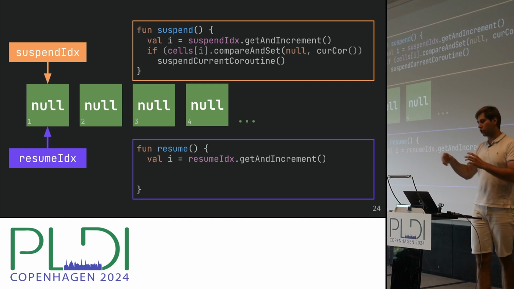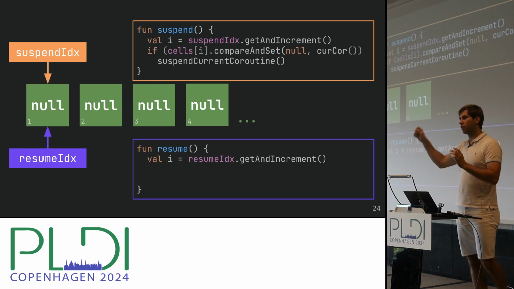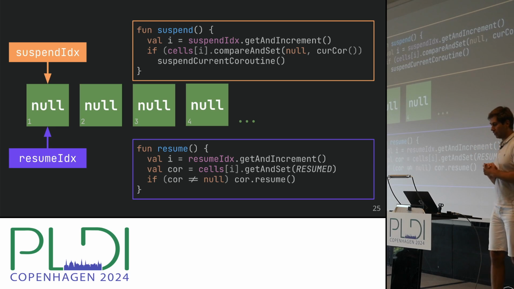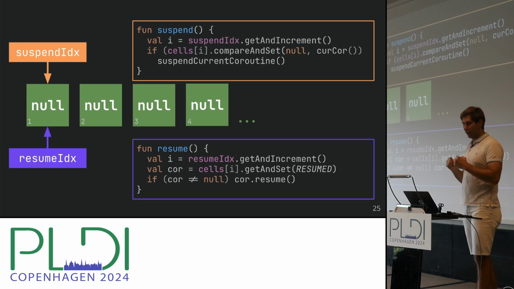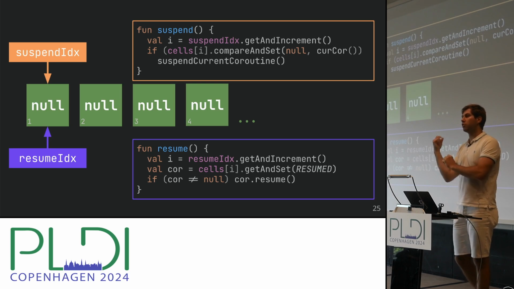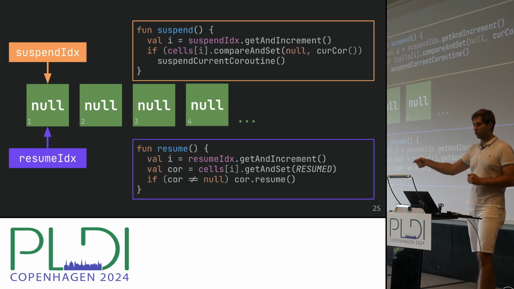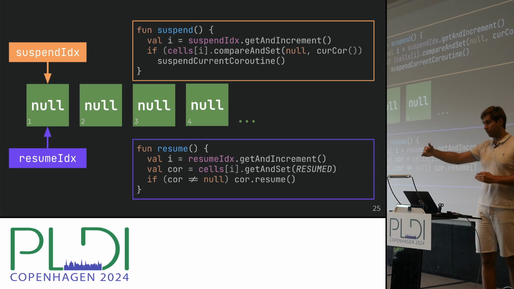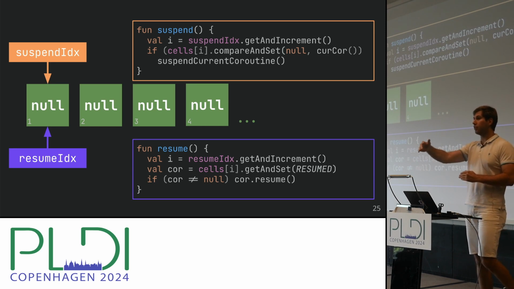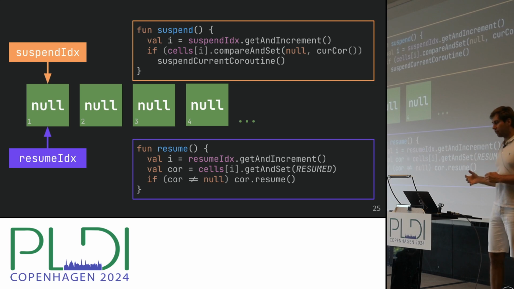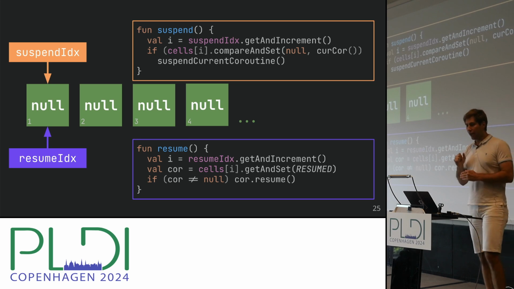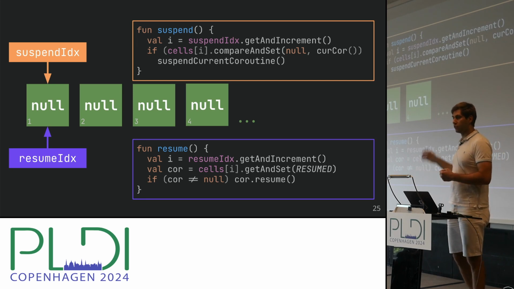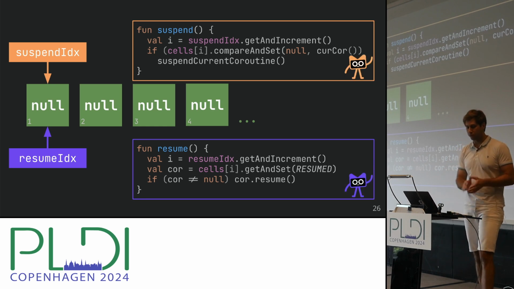For that, it atomically replaces null with the reference to the current coroutine. Resume, on the other hand, goes to the cell and tries to resume a coroutine that is there, putting the resume token. But if there is no coroutine, if a resume came before suspend, then it just puts the resume token and finishes. And in this case, when suspend comes, it notices that it should already be resumed and doesn't suspend. So let's take a look at how it works.